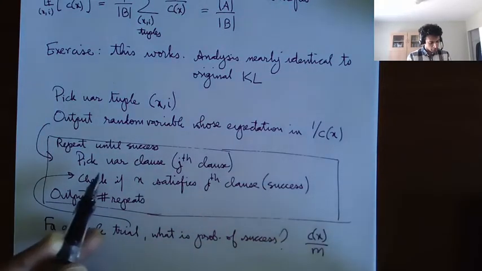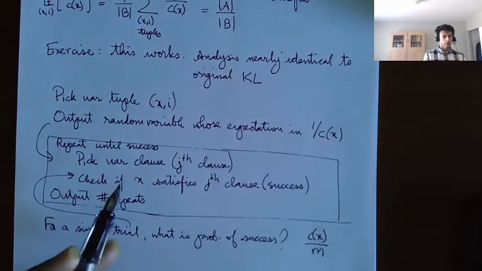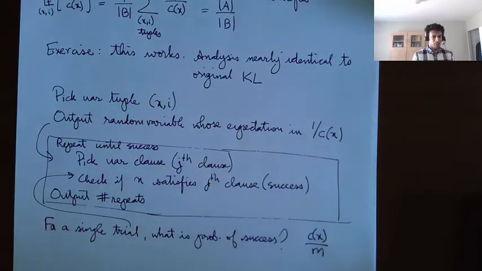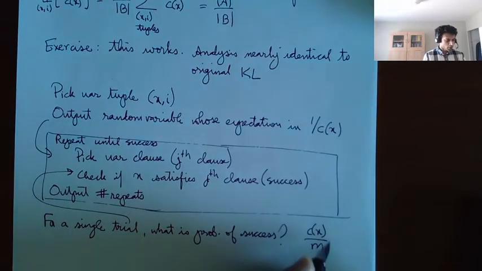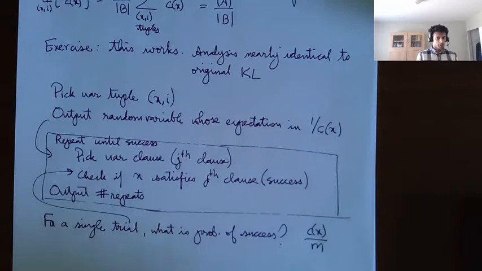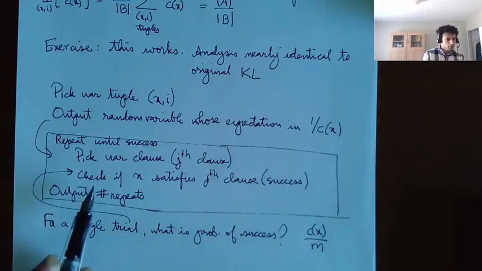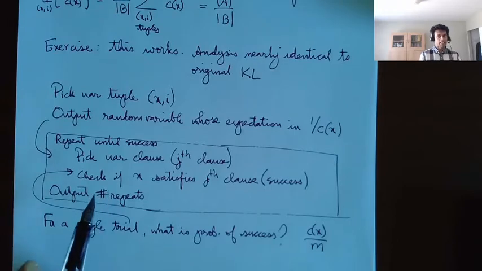Right? Because you picked a uniform random clause and you're checking if x satisfies it. So it's c(x) divided by m. So what's going on here? Think of it as you have a coin whose heads probability is c(x) over m, and you keep flipping this coin until you get a success. And then what you're outputting is how many flips were performed. And this is called a geometric random variable.